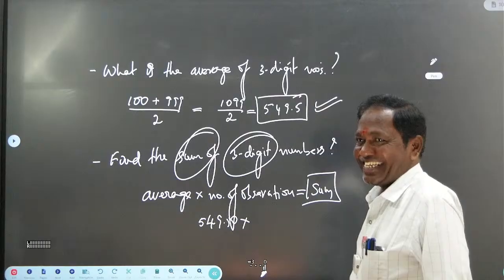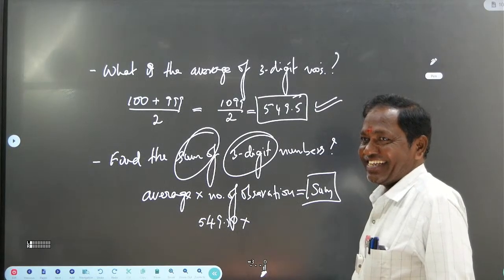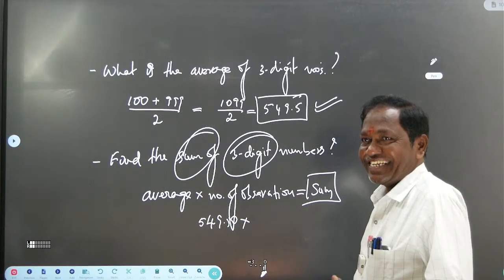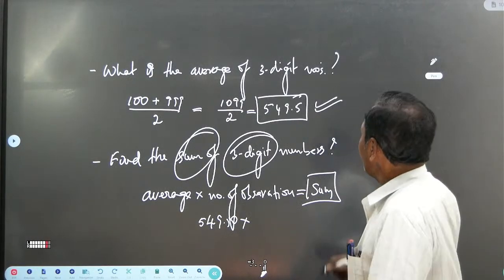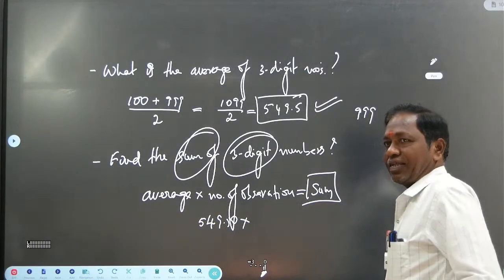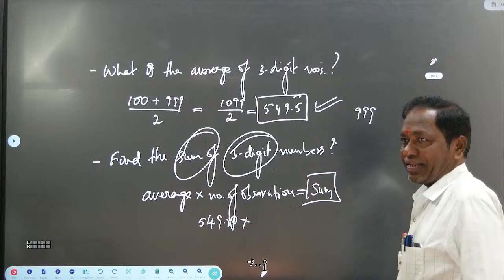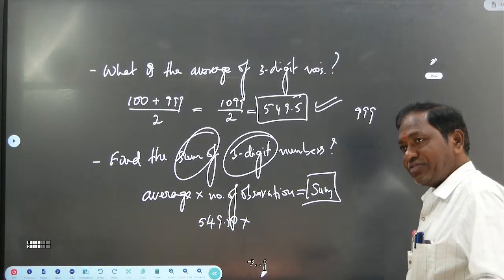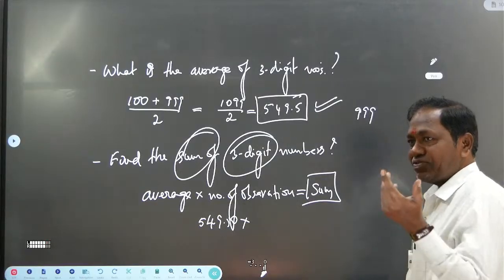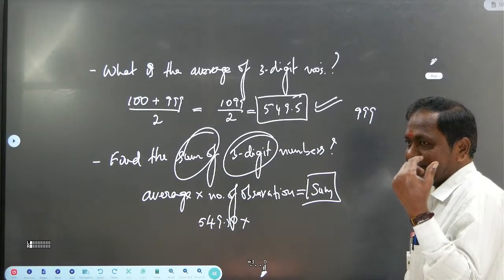Sir, 999 minus 100 gives 900. Yes, that's why. See, what is the largest 3-digit number? 999. This 1 is also included, 2 is also included. 1-digit numbers are also included, 2-digit numbers are also included.